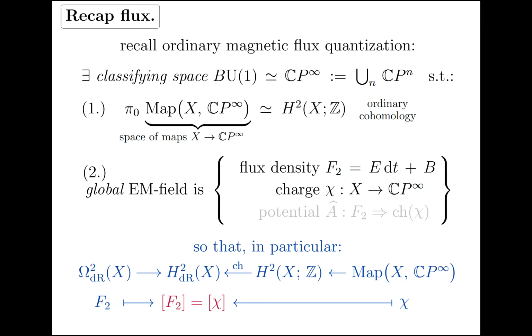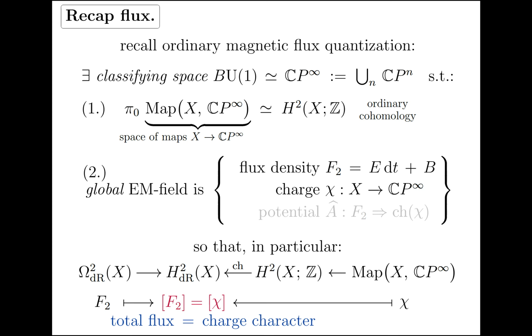It has to be equal to the image of an integral class, which is part of the field data. So this integrality makes the total flux become an integral unit, which quantizes it in this sense.